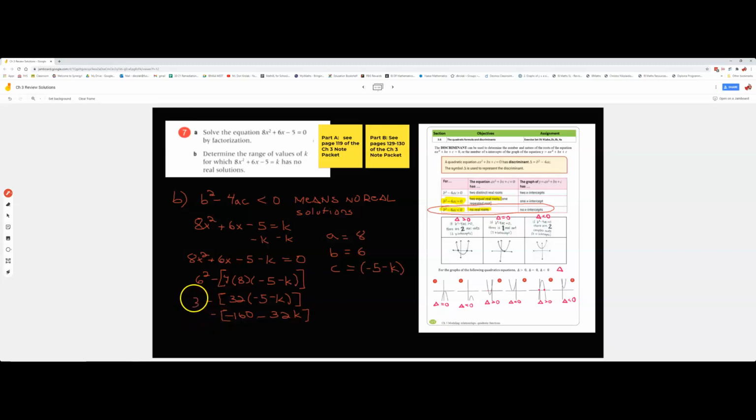And then I got 36 out here. Now that negative affects everything on the inside. So this becomes 36 plus 160 plus 32k, because all I did was distribute that through.